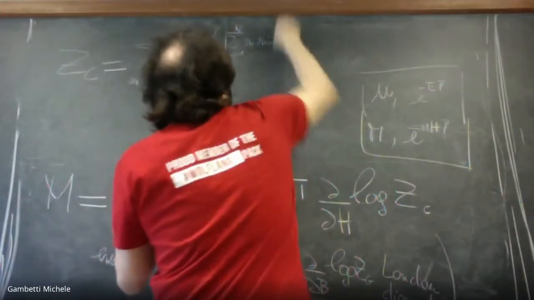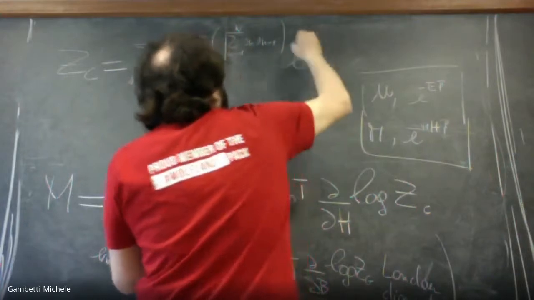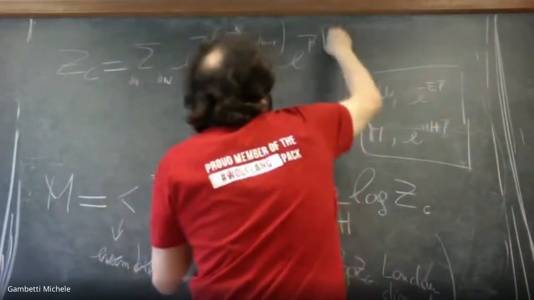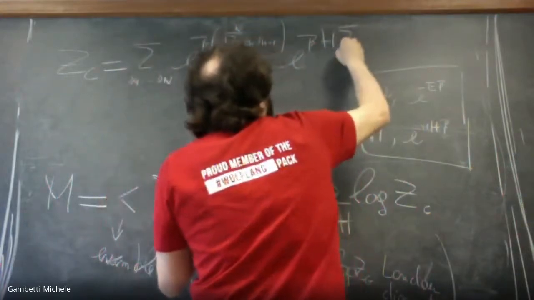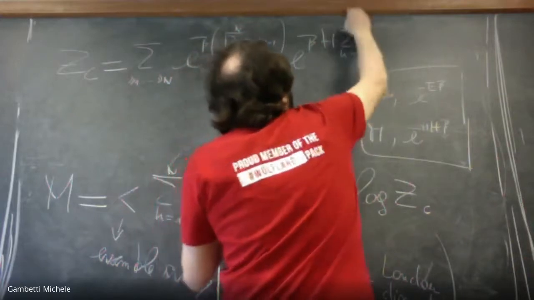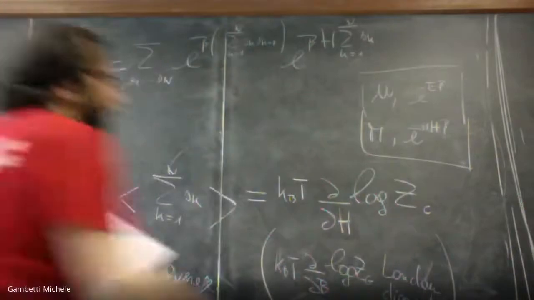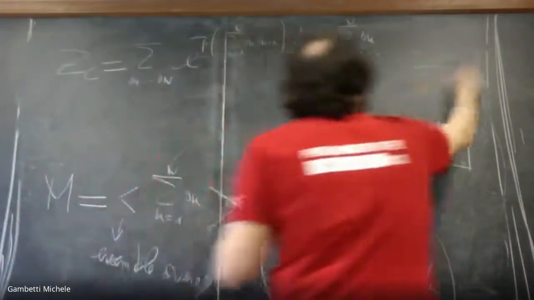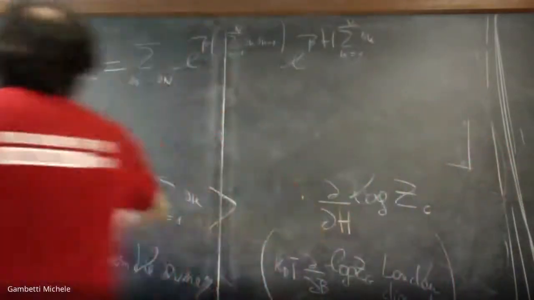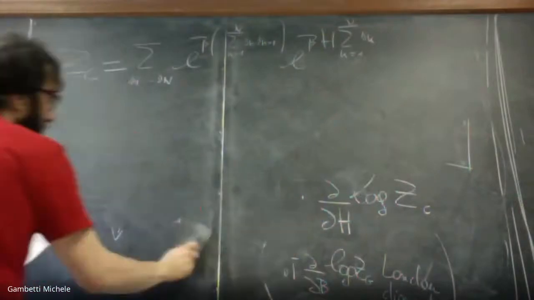Let me close this, and then I have the exponential of beta h, and here is the trick, sum over k from 1 to n of s_k. I'm writing again the canonical partition function as in the beginning.